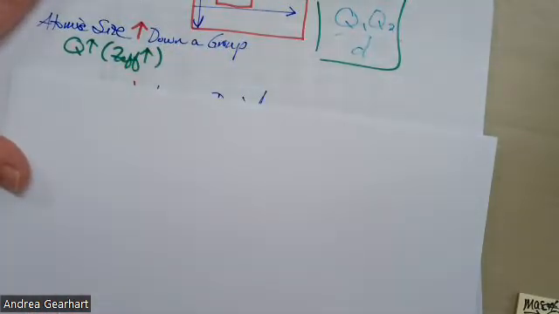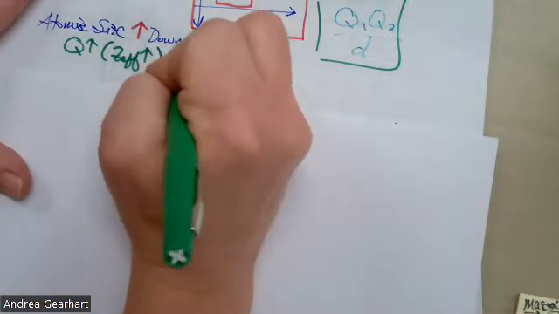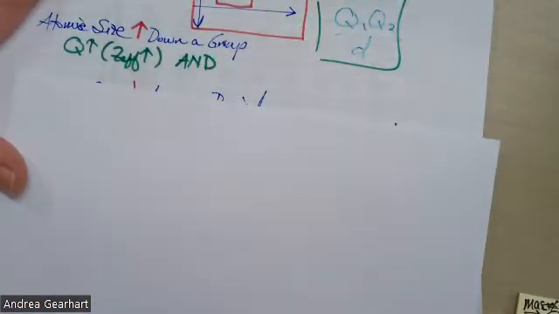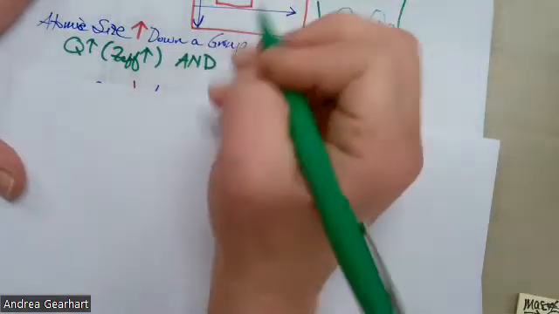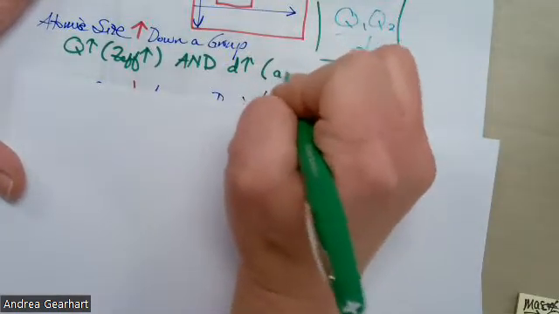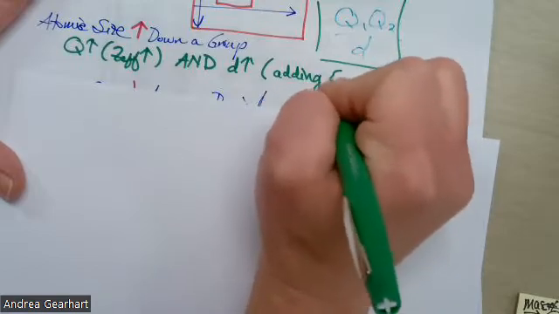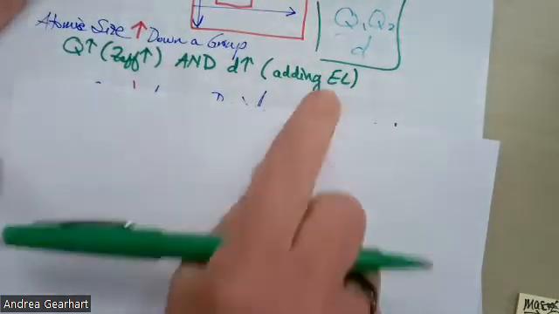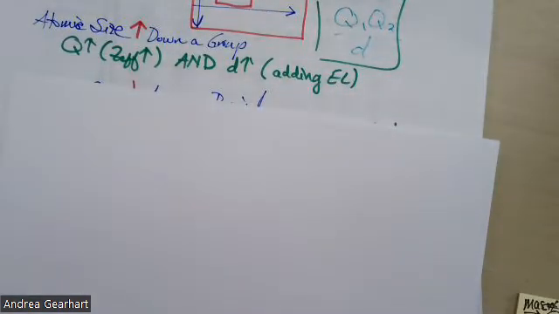More protons, nuclear strength increases. But D is increasing. We are adding energy levels, not just sub-levels. We're not just adding more to a relatively the same distance.